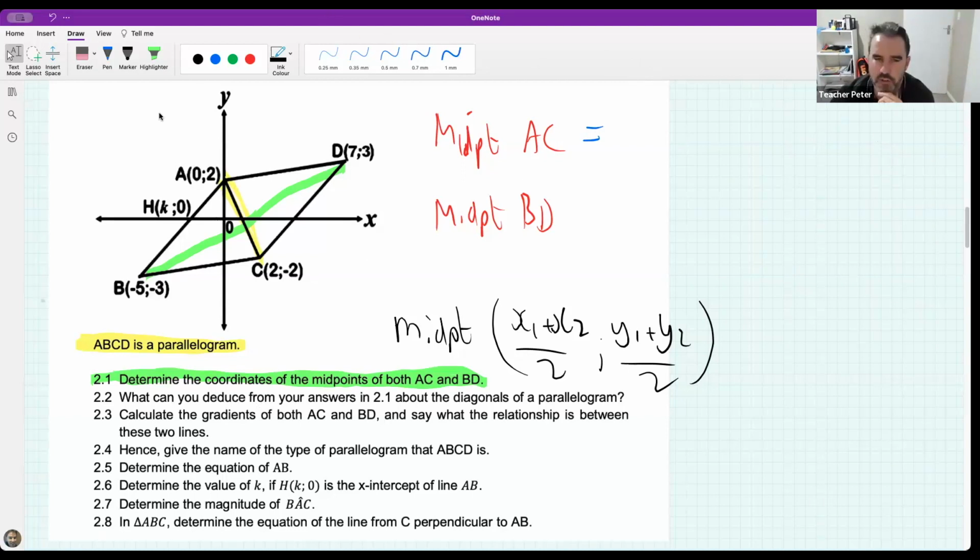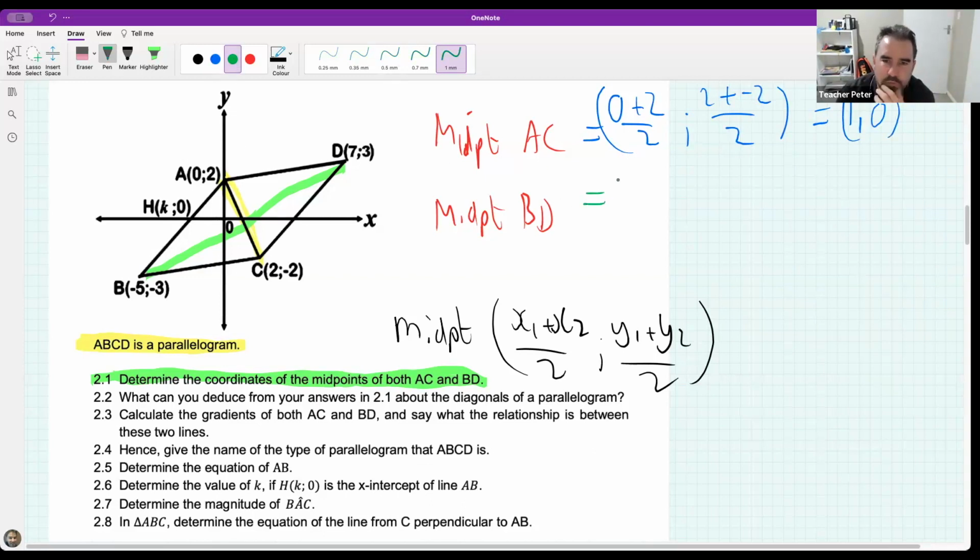Once you've got them, I'm seeing something quite interesting happen. I don't know if it's happening for you, but 0 plus 2 over 2, and then 2 plus -2 over 2, which gives me 1, 0.